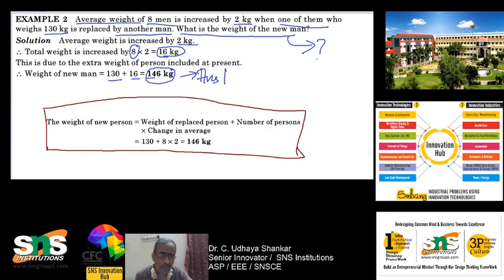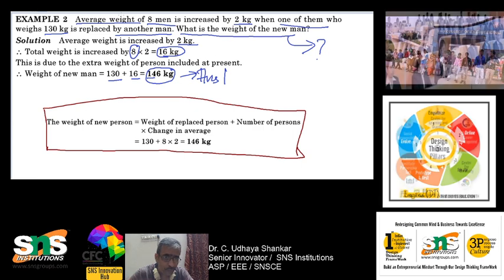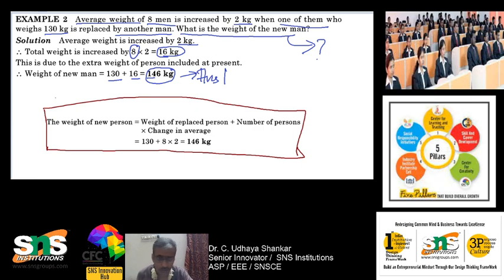But this trick which I am going to tell now is the same formula which was discussed in the previous video. The weight of the new person, always remember this, because this will always be asked.